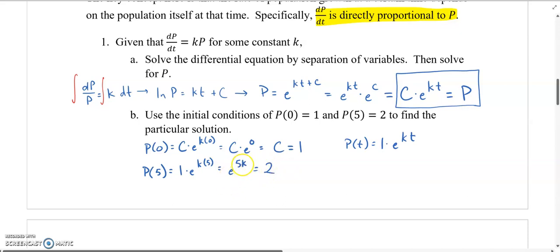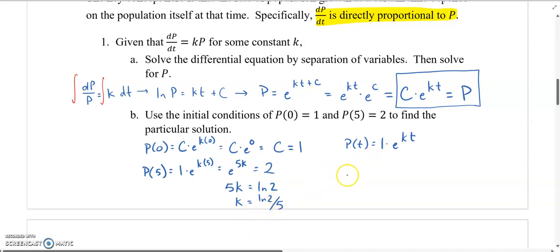We want to solve for the exponent. We're going to take the natural log of both sides. Natural log of e to the 5k is 5k. Natural log of 2 is just a number. And then we can divide both sides by 5 and get k equals natural log of 2 over 5.